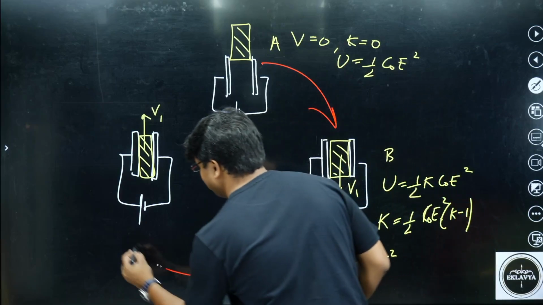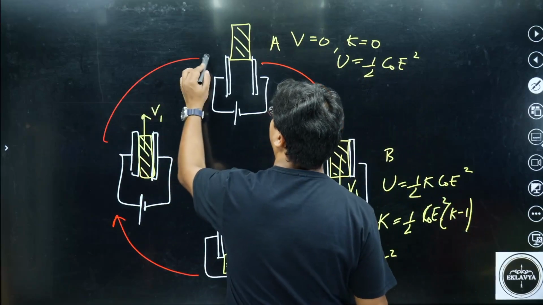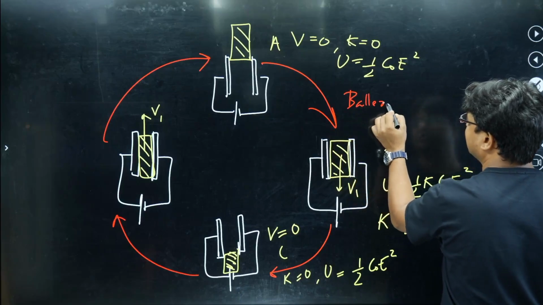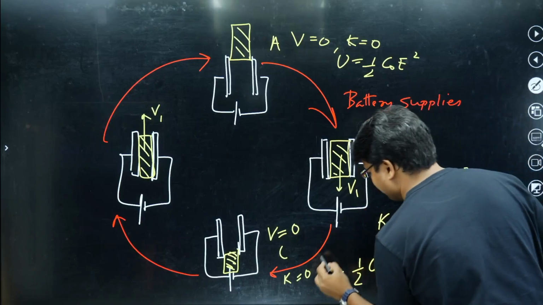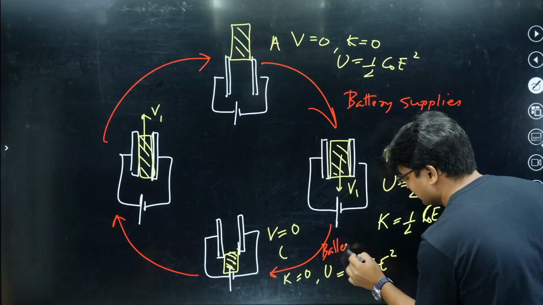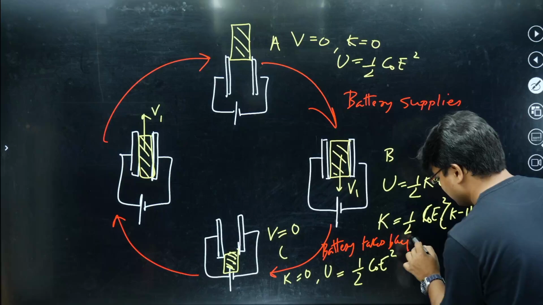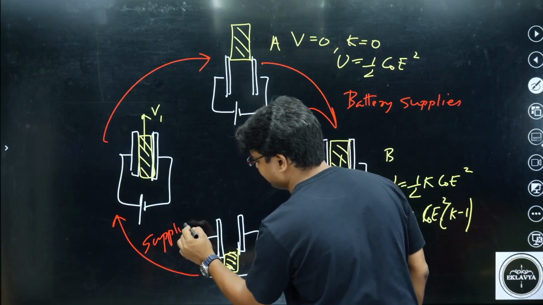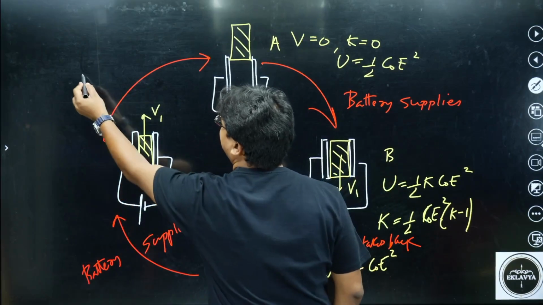And here again the battery is supplying energy to both, and here again both of them are returning it to the battery. So here the battery supplies, here the battery takes back, here again the battery supplies, and here the battery takes back.